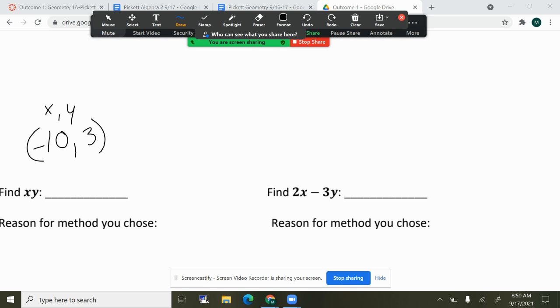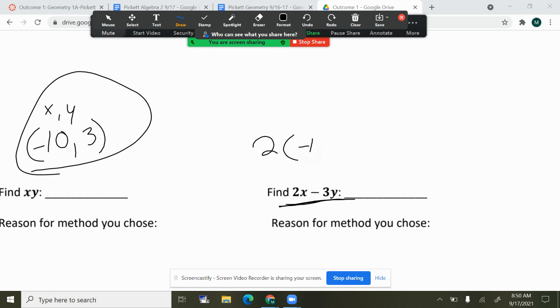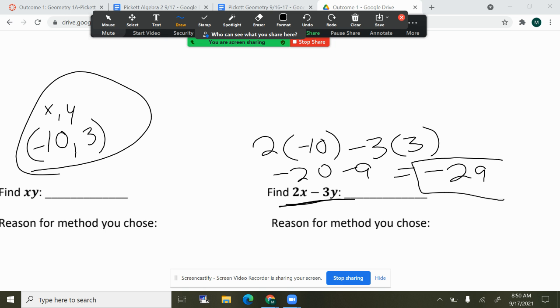It'll say, solve your system, which you did, and then it'll say do something with it. So all you're doing is you're doing 2, then you take your negative 10, because that's what your x is, minus 3 times 3, because that's what your y was. So then we have negative 20 minus 9, and you get negative 29. So this is a very similar question to what would be on an SAT.